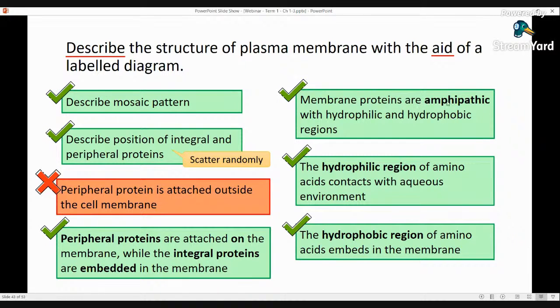The membrane proteins are amphipathic, with hydrophilic and hydrophobic regions. The hydrophilic regions contact the aqueous environment and also the cytoplasm, whereas the hydrophobic regions of the proteins, the amino acids, are embedded in the membrane, that means in between the phospholipid bilayer.